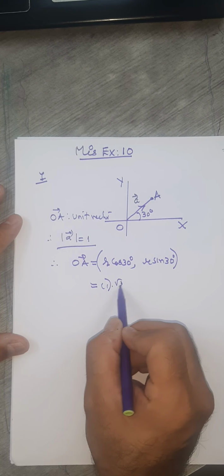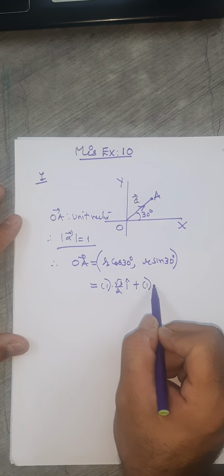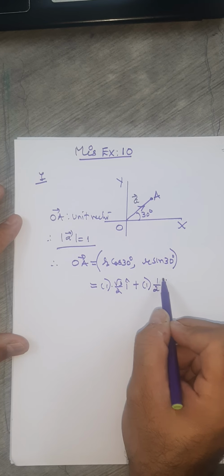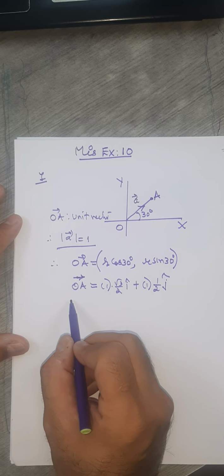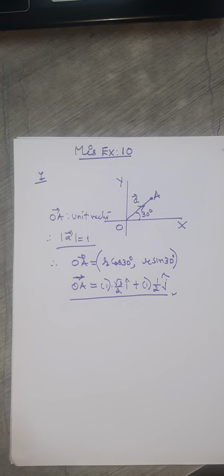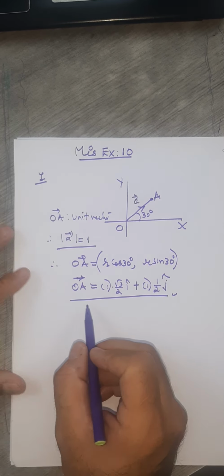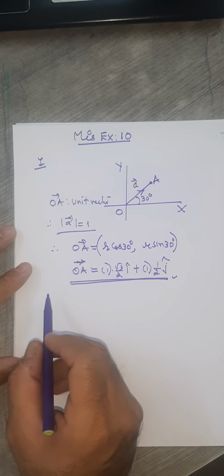You know it is root 3 by 2 I cap plus here 1 by 2 j cap. So this is required vector OA. Right? Root 3 by 2 I cap plus 1 by 2 j cap. It's a unit vector. You can just find the magnitude. You will realize it's a unit vector.